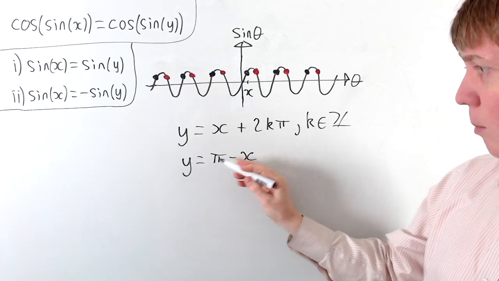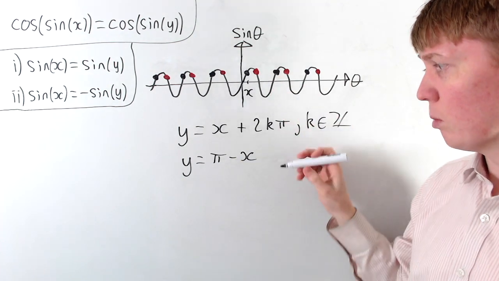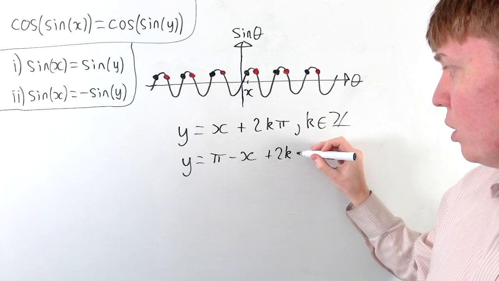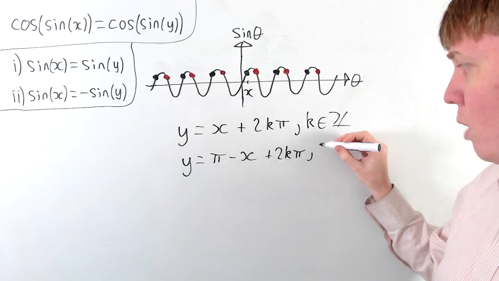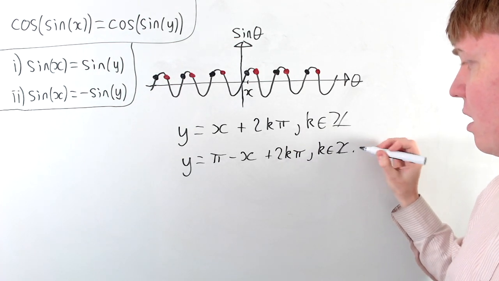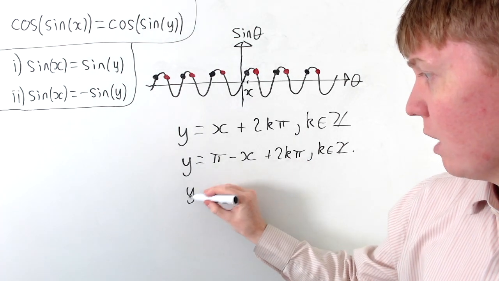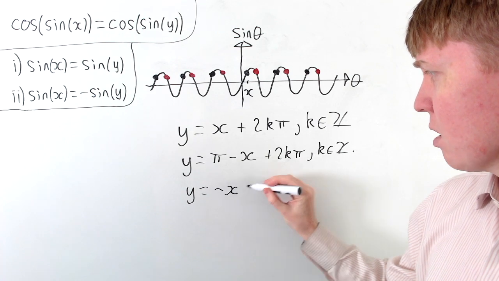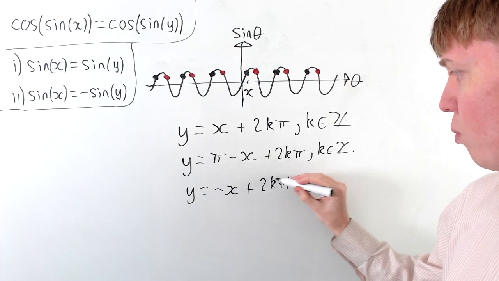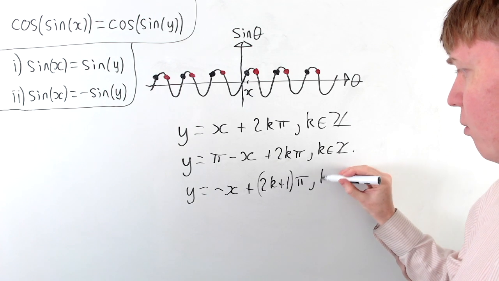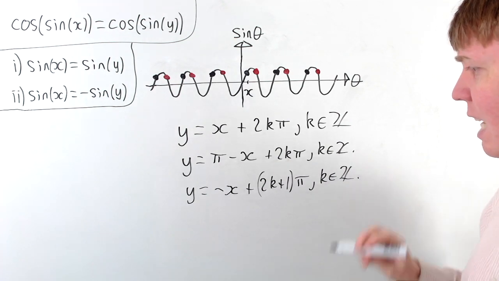So once again, we've got pi minus x as our initial value, but then we can add any even multiple of pi, so plus 2k pi again, where k is an integer. And we can simplify this somewhat. We'll just rewrite this as y equals negative x plus 2k plus 1 times pi, where again k is just any integer.